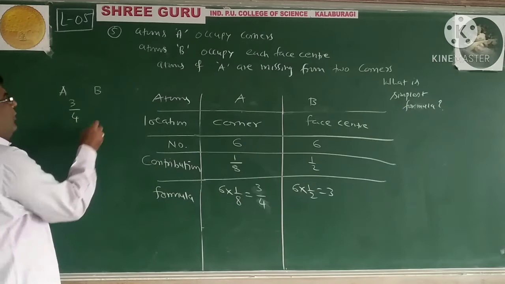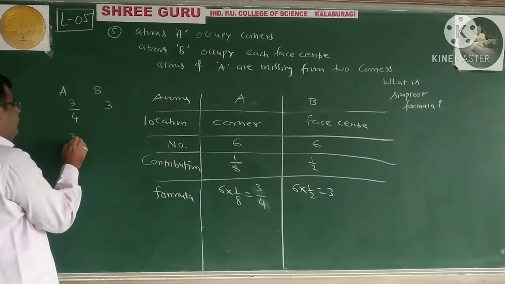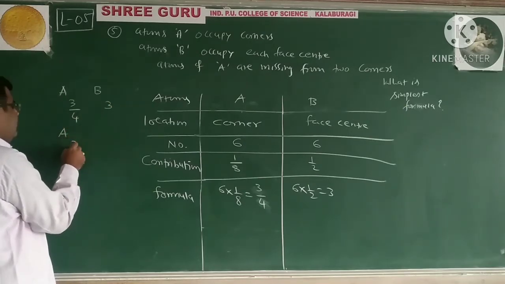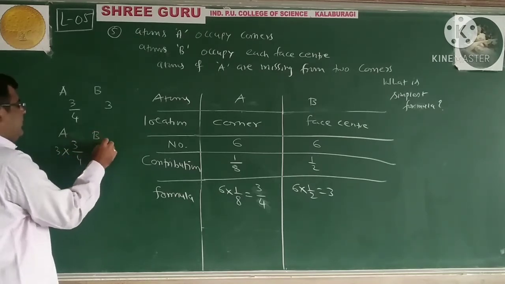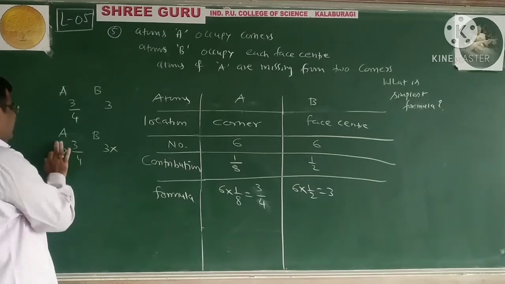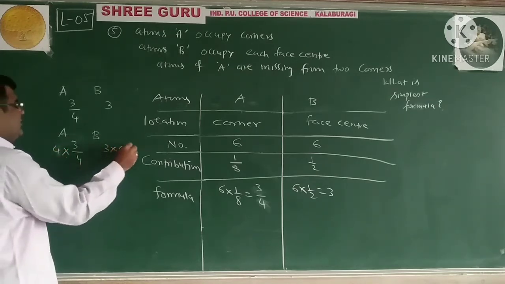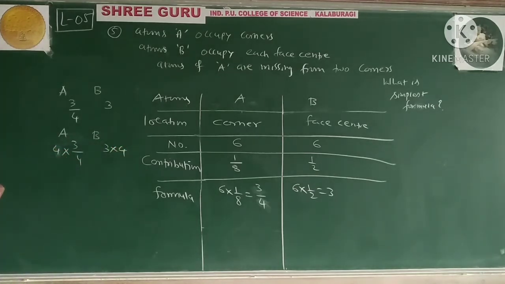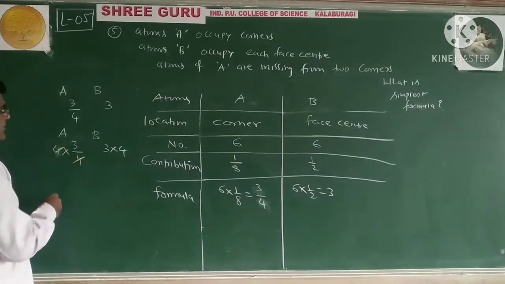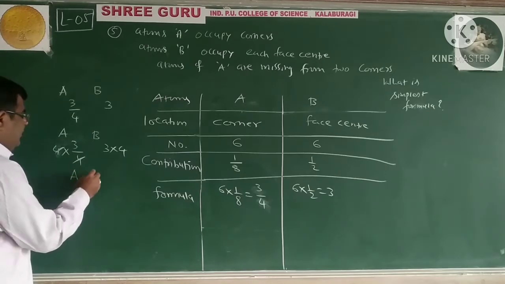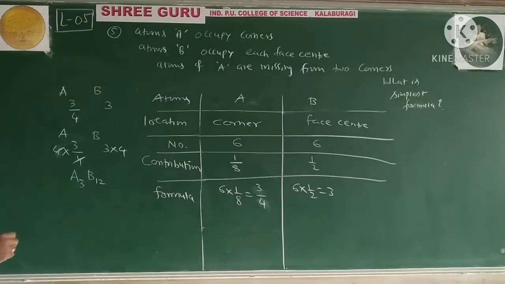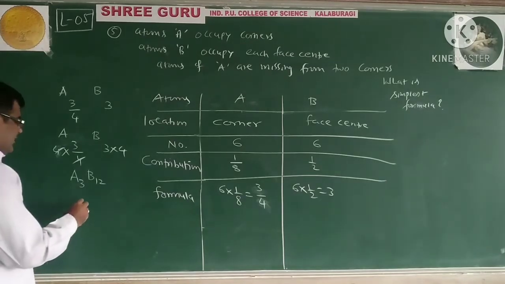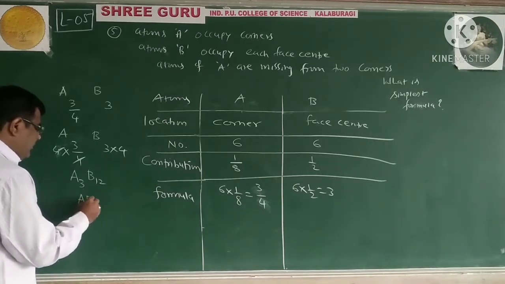3 by 4 and this is 3. This 3 by 4 has to be multiplied by 4, and this also should be multiplied by 4, and that's why this 4 cancels. So we have A3 B12, simplified, isn't it? So we can write this as AB4.